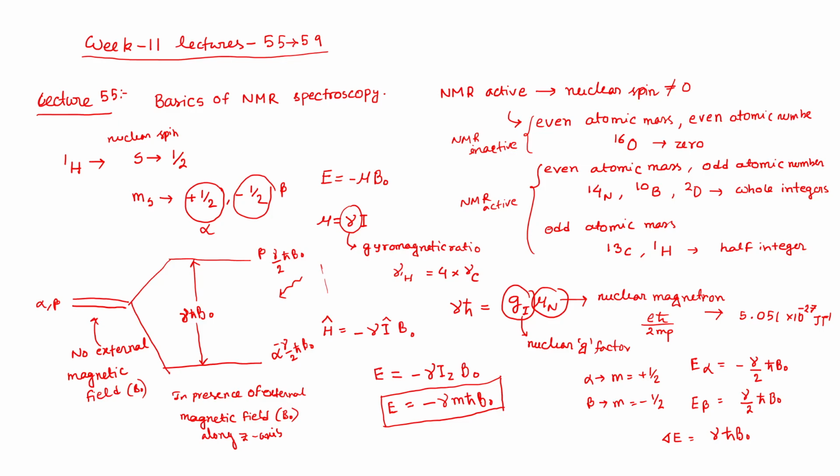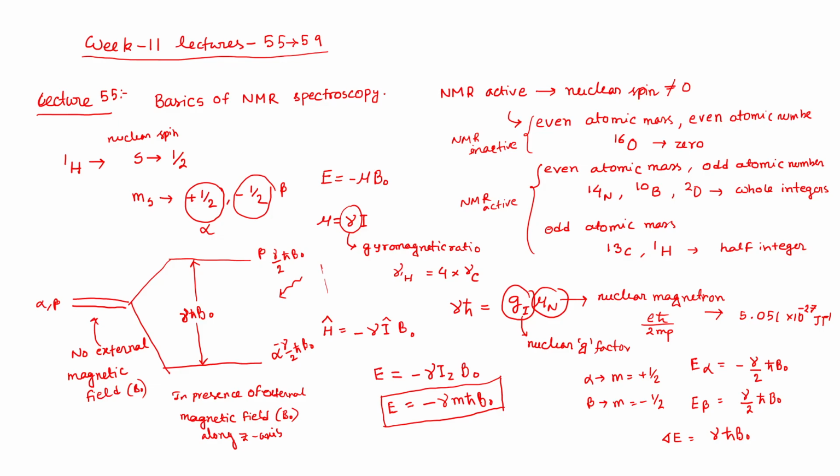Now when no external magnetic field is present, alpha and beta are degenerate spin states. But when you apply a magnetic field along the z axis, there will be splitting between alpha and beta spin, and the gap depends on how much magnetic field you are applying; the splitting energy will change.